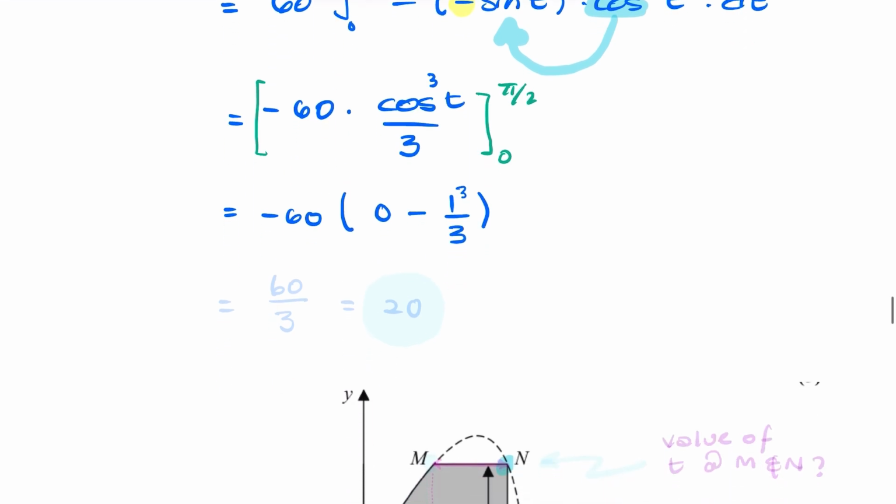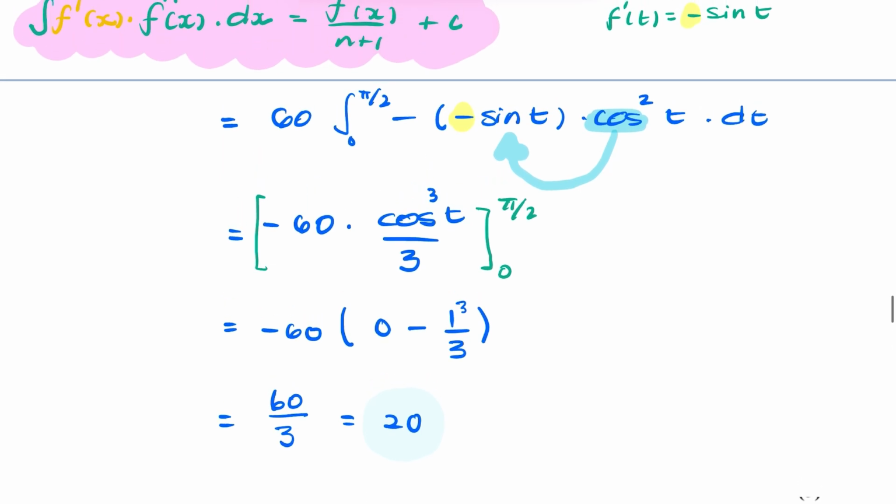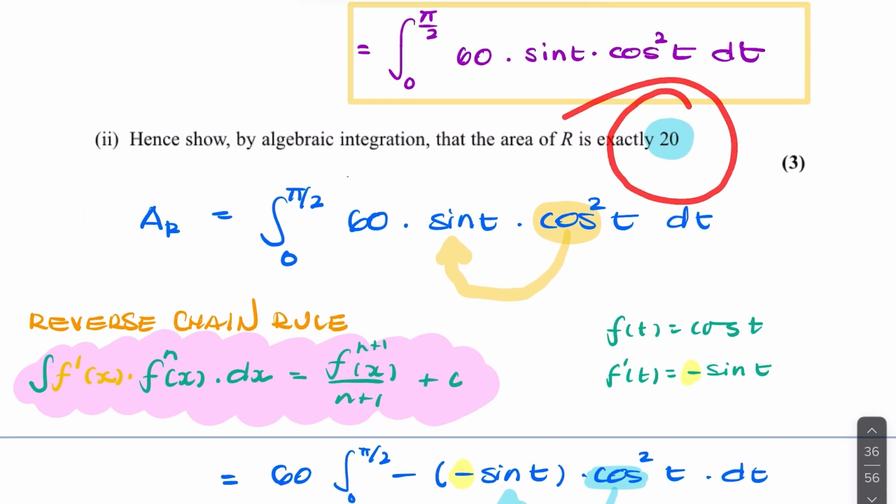So that gives you 60 over 3, which equals 20 units, and that's what they asked us to find.